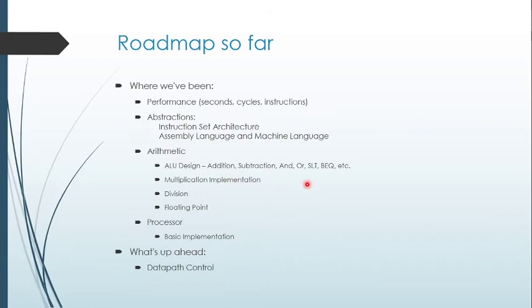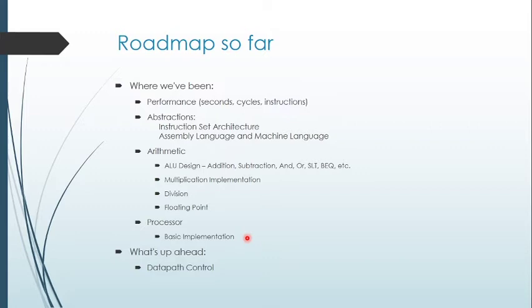Next, the roadmap so far. This is the whole course: what we have done, what we are currently doing, and what's up ahead. Performance, abstraction, instruction set architecture, arithmetic, ALU design, multiplication, division, floating point, and then from the last lecture we have started the study of the processor, the MIPS processor, the basic implementation.